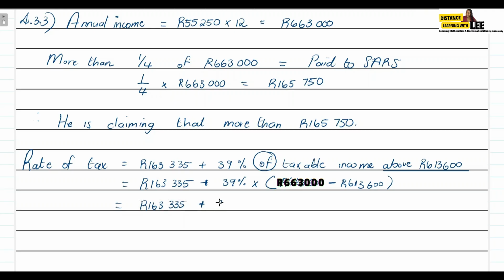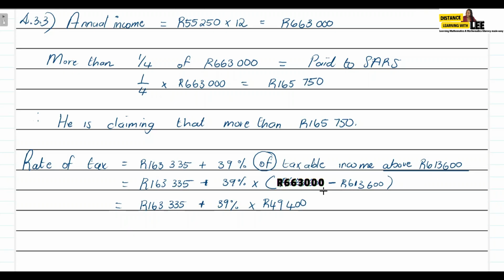You'll get 163,335 plus 39% multiplied by 663,600 minus 613,600. You basically get 49,400. What does this 49,400 mean? This is the taxable income that is above 613,600.